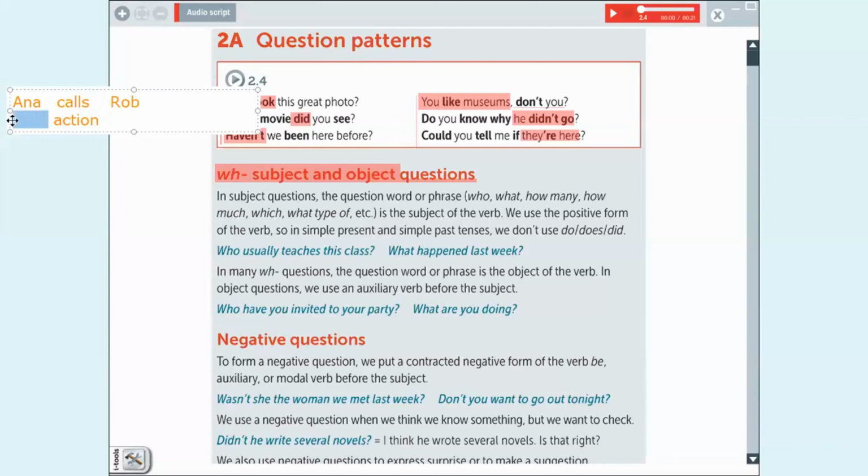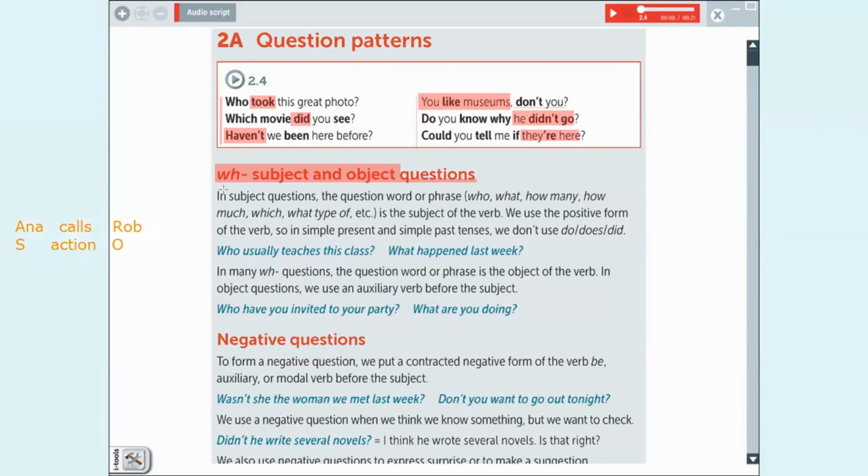That means that Anna is the subject of the sentence. Exactly. And who receives the action? It's Rob. Rob, because it's the receiver, we can call this one the object of the sentence. So now that we recognize the three elements, we can go with subject questions.